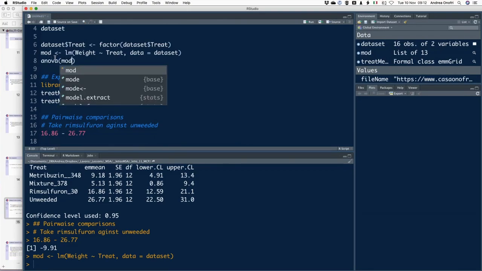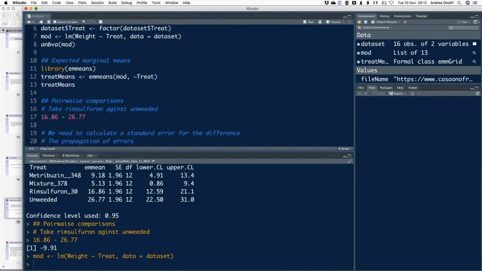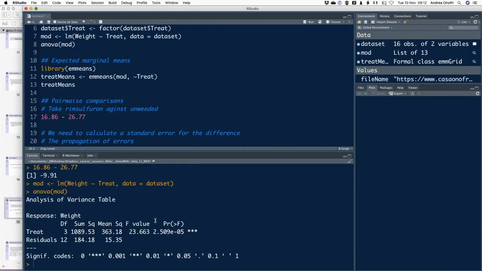So we take the model and make the partitioning. We partition the variance, and we see that the residual variance is 15.35. And this is the best estimate for the variance of the whole data set.